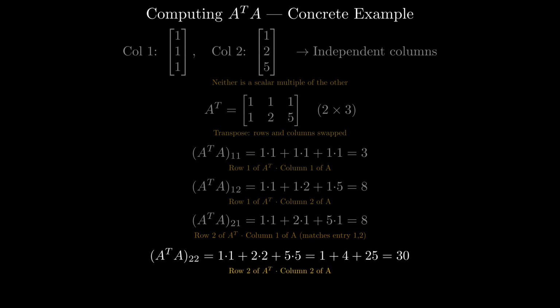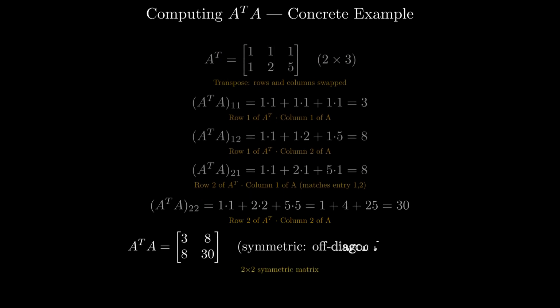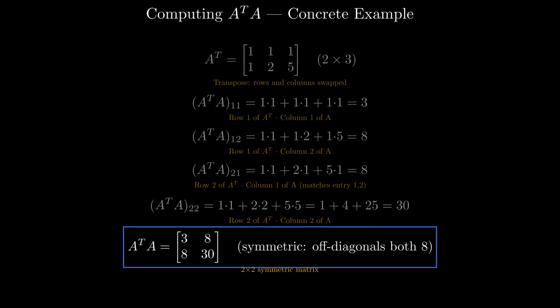And for entry 2,2, we compute 1 times 1 plus 2 times 2 plus 5 times 5, which is 1 plus 4 plus 25, equaling 30. So A transpose A equals the 2x2 matrix with rows 3, 8 and 8, 30. Notice it's symmetric. Both off-diagonal entries are 8.